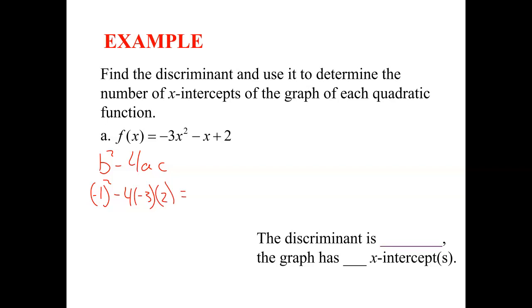Minus 3. What does that equal? 1 minus 12... 1 plus 24. So if my discriminant is 25, how many x-intercepts do I have? 2. I have 2 x-intercepts. Go ahead and do the other 2 on the next slide.